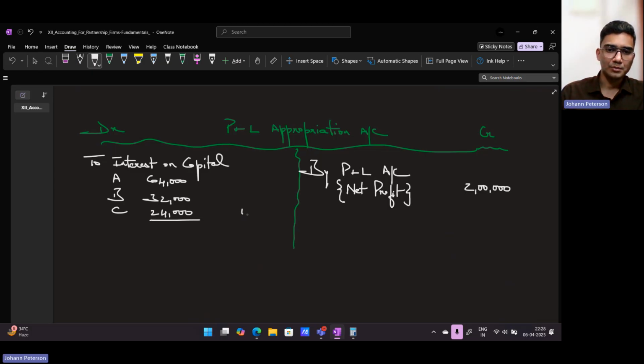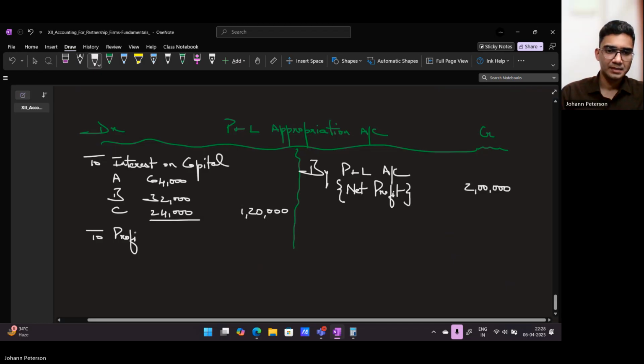This totals up to 1,20,000. Now, we are still left with a difference, which will be our profit transferred to A's capital account, B's capital account, and C's capital account.